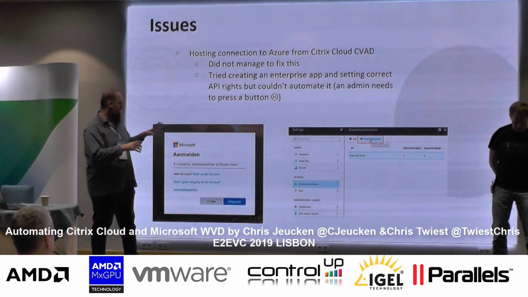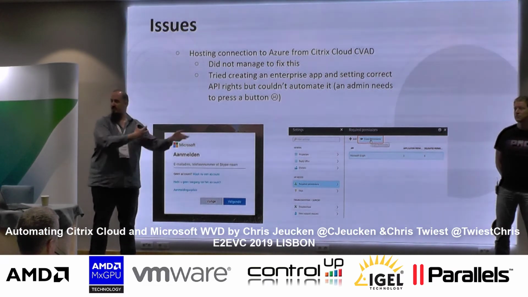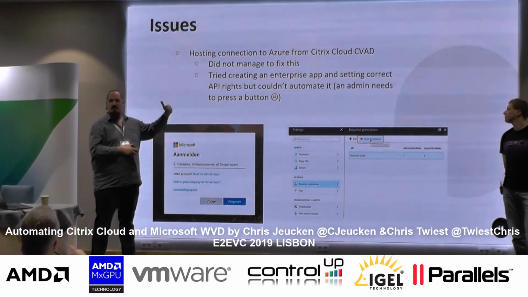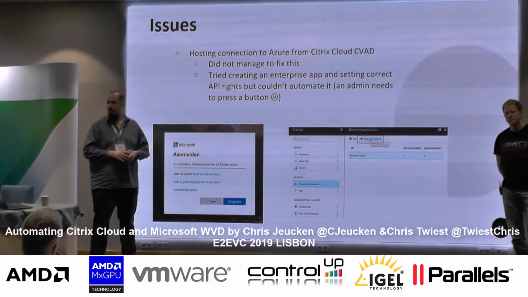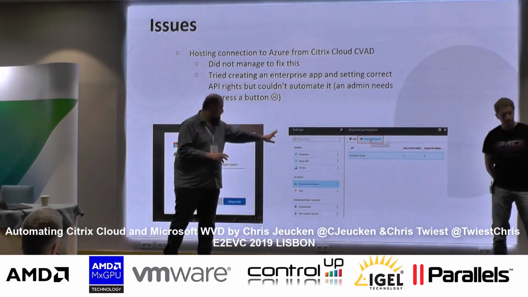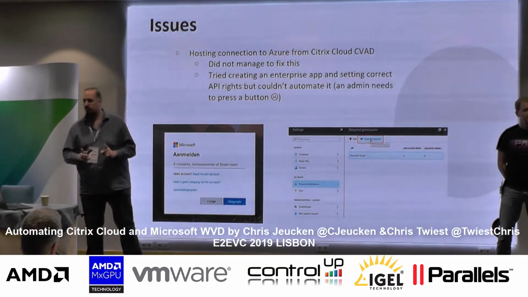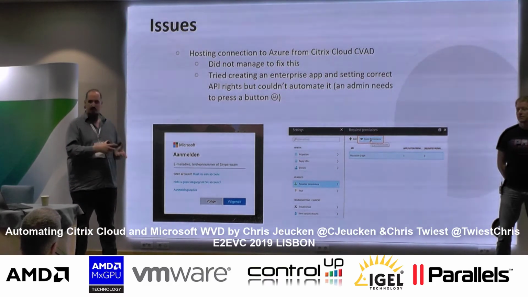So I did it once manually, like you said, Renee, you do something manually and then you try to figure it out. What I saw was it creates an enterprise application in your Azure AD. Okay, well, that's easy. There's a PowerShell cmdlet for that. So I did that. But then you see that it creates API rights. There's no PowerShell script to create API rights in an enterprise app yet.